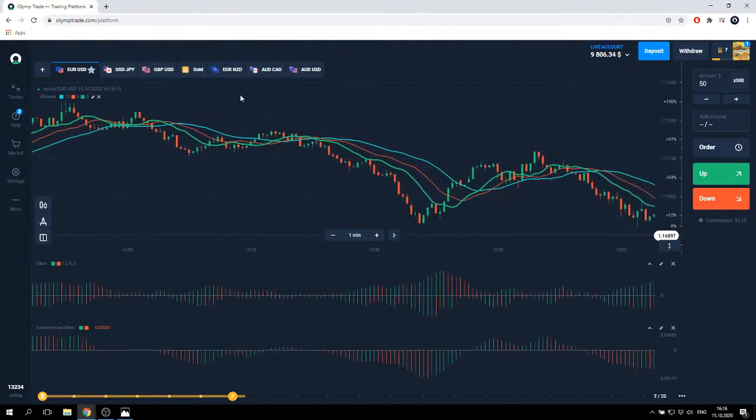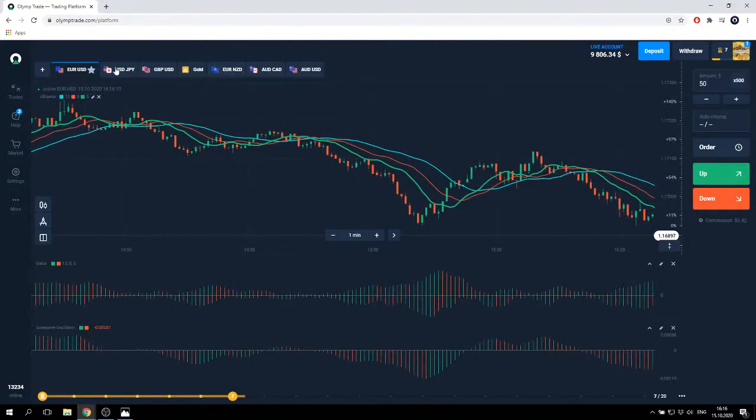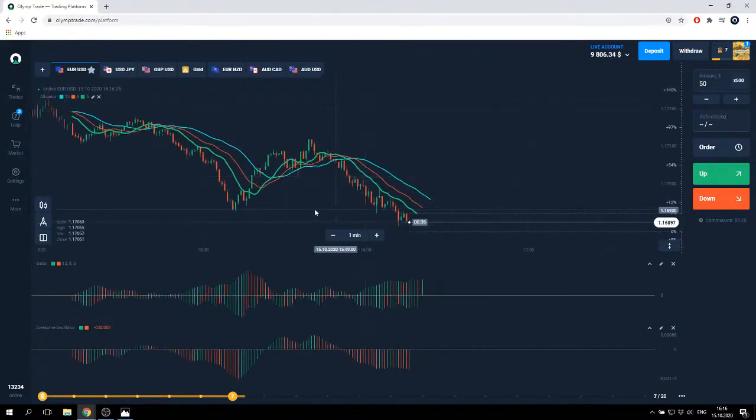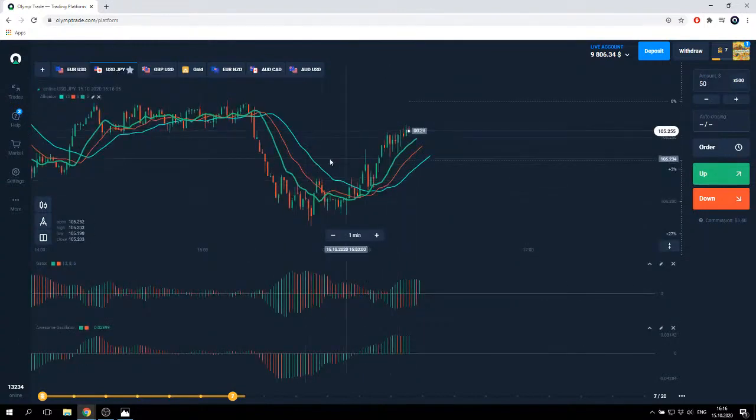Let me check on EUR/USD. If you see on EUR/USD, generally the trend is looking on the downside, because you see the trend is in the expanding phase, down phase, but already the price has rallied so much. So we'll wait. We'll look at USD/JPY.